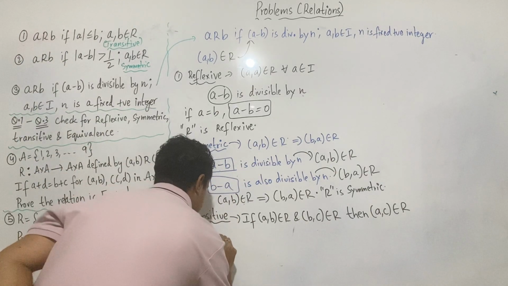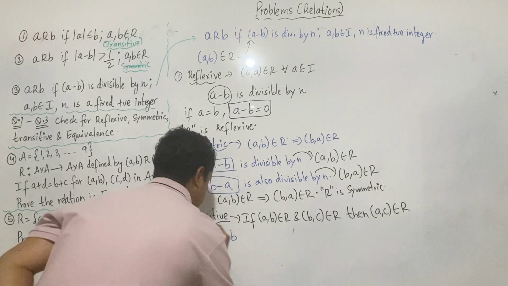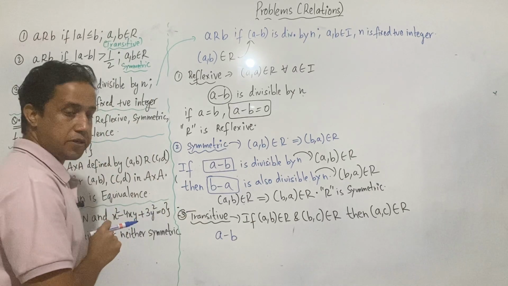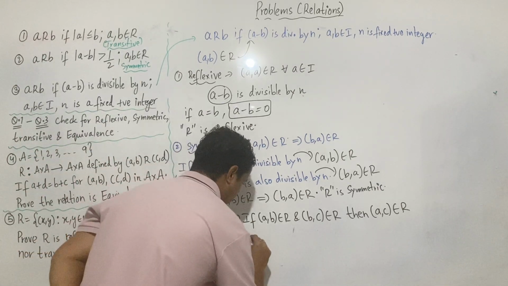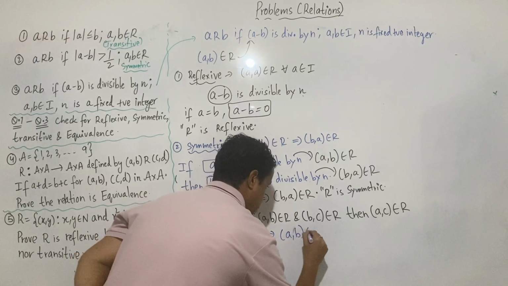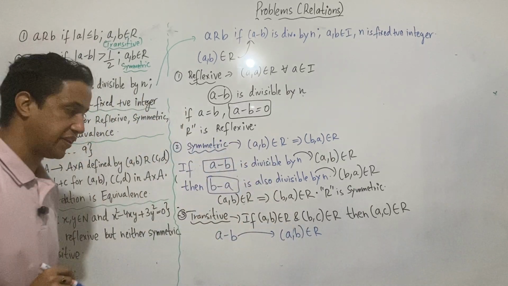Now, it says that if A minus B is divisible by n, then AB is going to be in the relation. Fine.